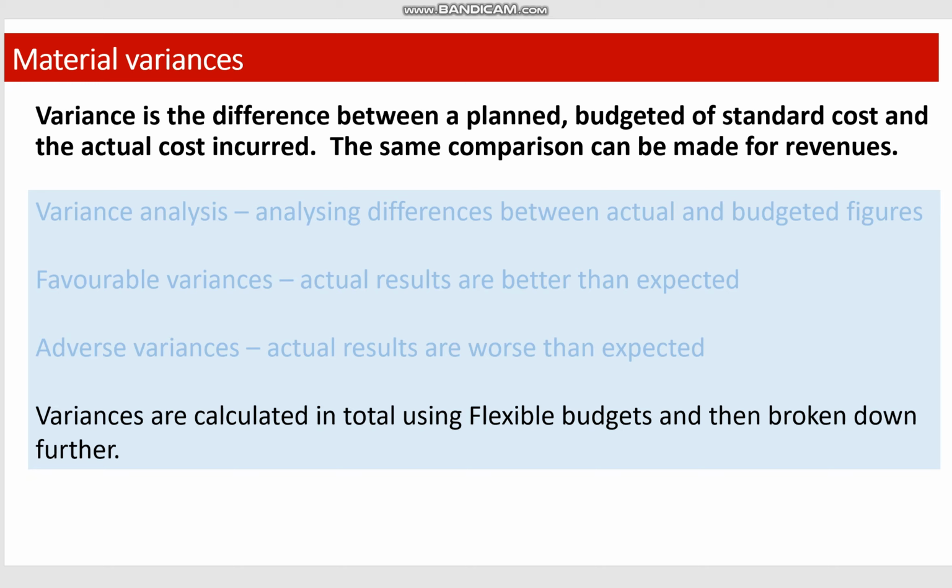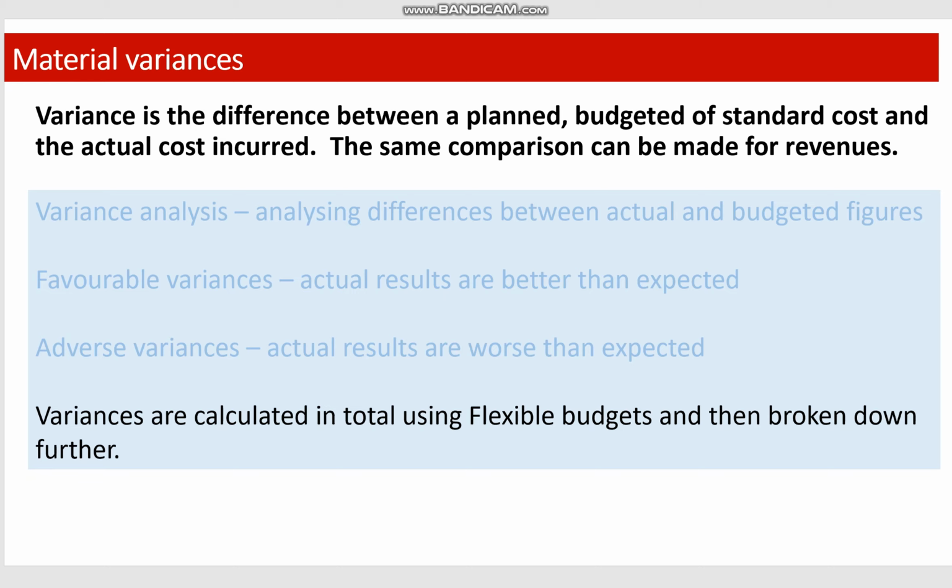So what happens before we actually compare the standard results with the actual results? We flex the standard results. So if there is standard quantity given for 1 unit, we multiply that by the actual output produced to get the standard quantity for actual output.